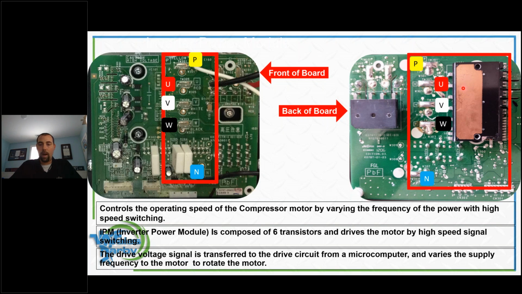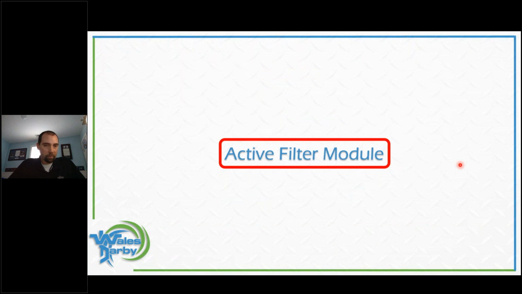By varying that frequency, that's how we're able to adjust the capacity of the unit. That's what's going on in there, and that's what we're checking. We're making sure those windings are good because they go to the compressor, and that those switches are good and able to handle the voltage. Unless we had a big power outage, your IPM is typically going to be pretty robust. You're not going to have too many issues there.